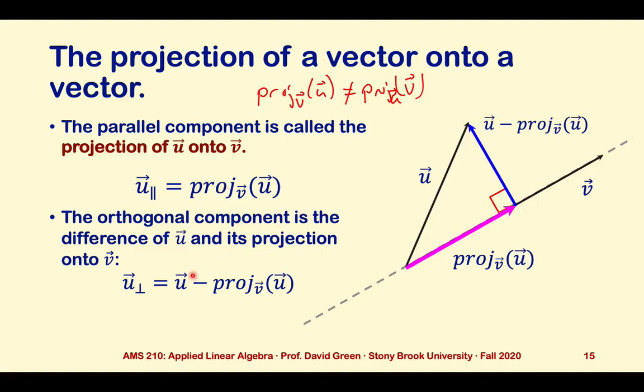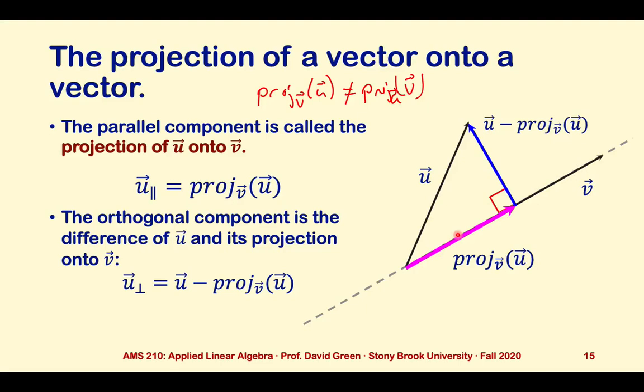And of course, if we take this orthogonal component and add the projection, we get back u. So this is what we mean by the projection of a vector onto some other vector. It is the component of that vector in the direction of the target, where the other component is purely orthogonal to it.